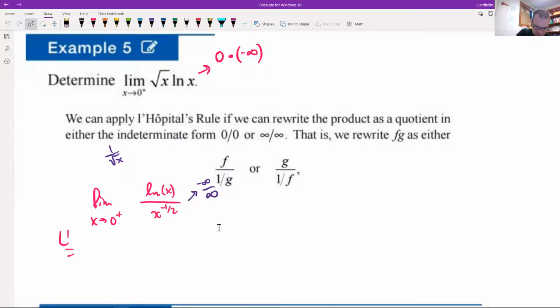So let's see what happens after one application of L'Hopital's rule. Taking the derivative of the natural log will give us 1 over x, and taking the derivative of that mess will give us negative 1/2 x to the negative 3/2.